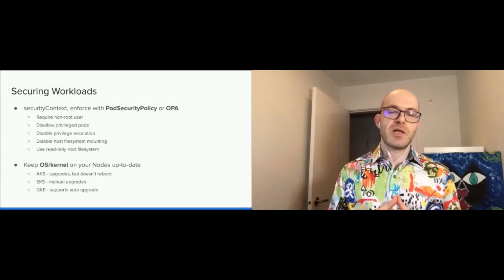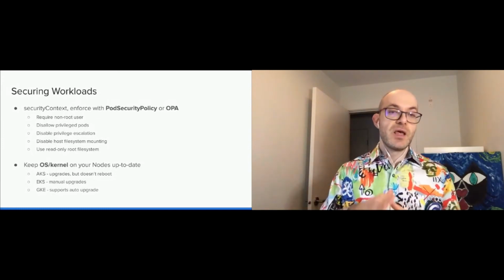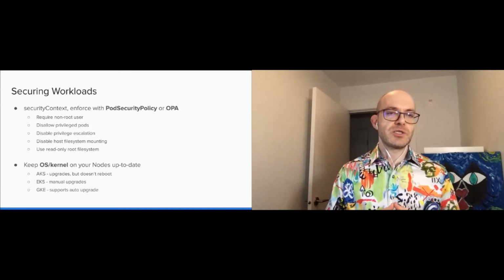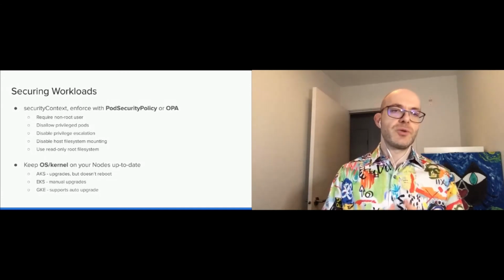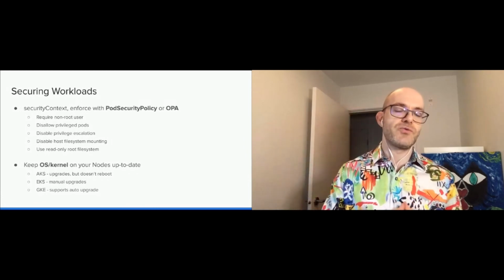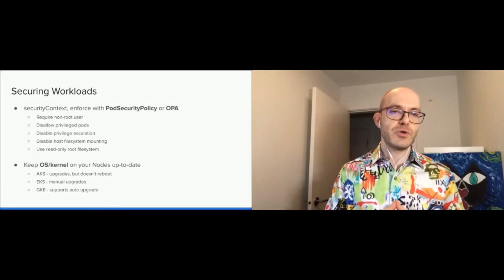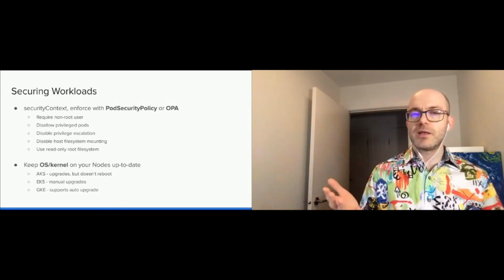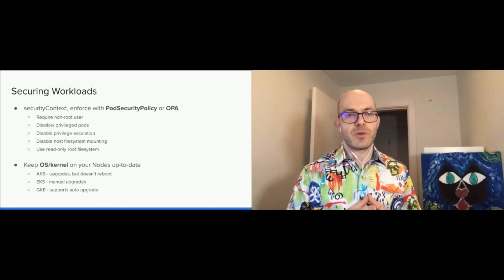What that allows you to do is to say, nothing in my cluster can run as root user. And essentially, if somebody tries to deploy something and they forgot to set that security context and forgot to run the workload as non-root user, pod security policy will prevent that workload from being applied.